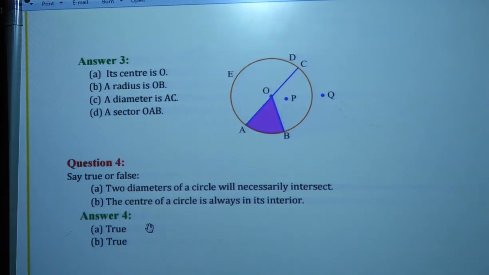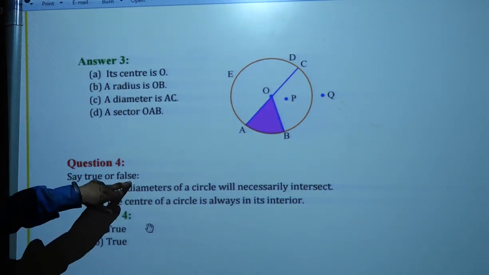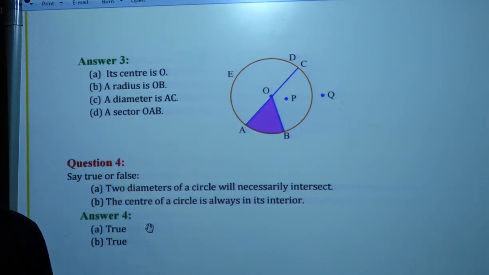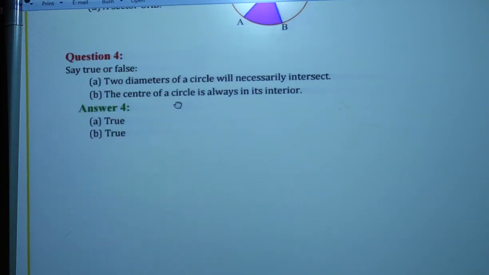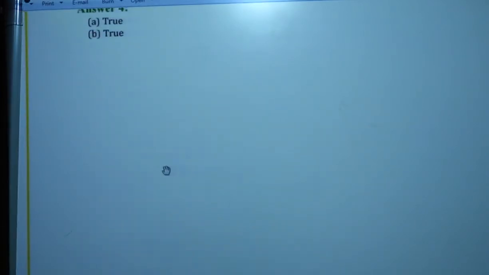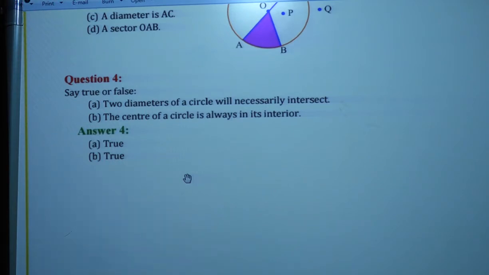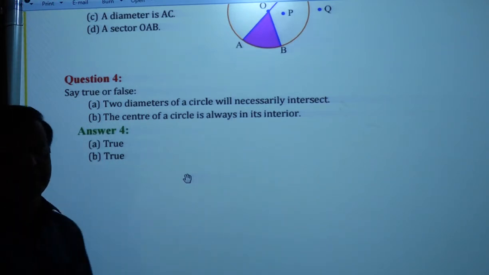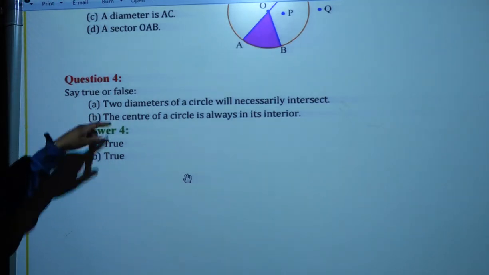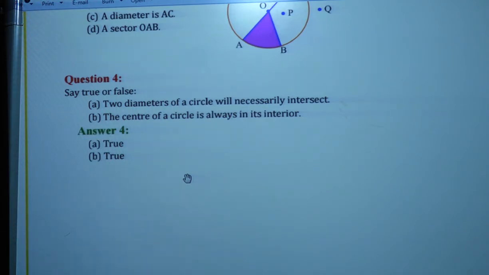Okay. Now next. Say true or false. Say true or false is the last question of this chapter. Two diameters of a circle will necessarily intersect.